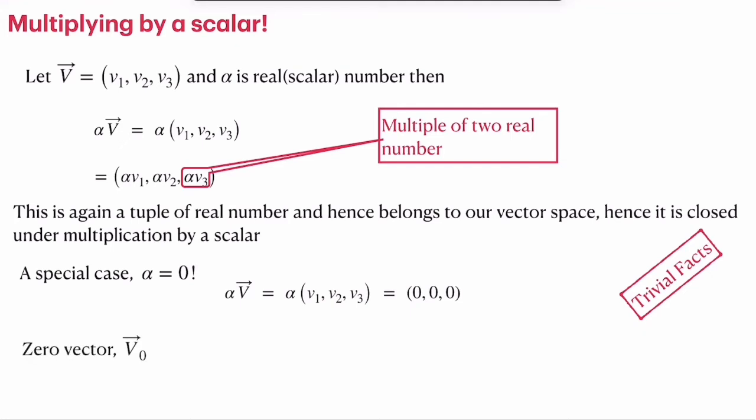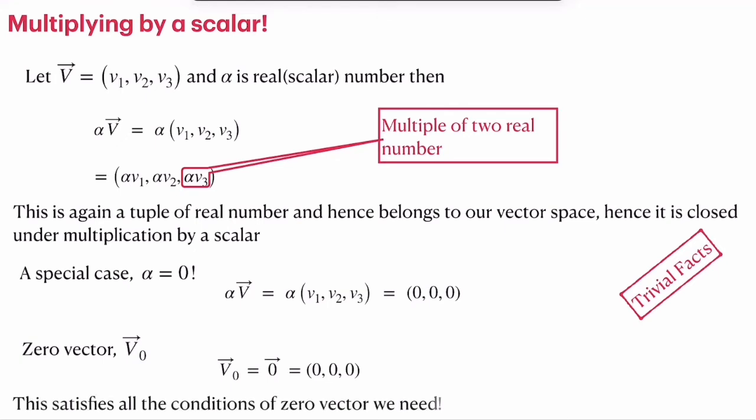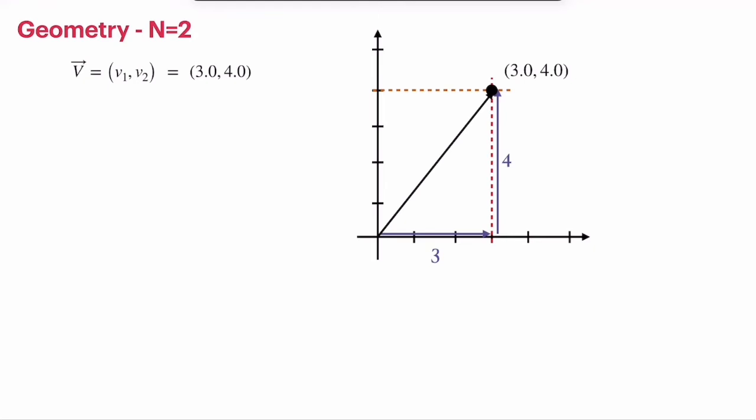The unique 0 vector is given by the vector 0 with a hat, which is the three-tuple 0, 0, 0. So that is our 0 element. Again, this satisfies all conditions of the 0 vector, and this essentially shows that we have a full vector space satisfying all the conditions.